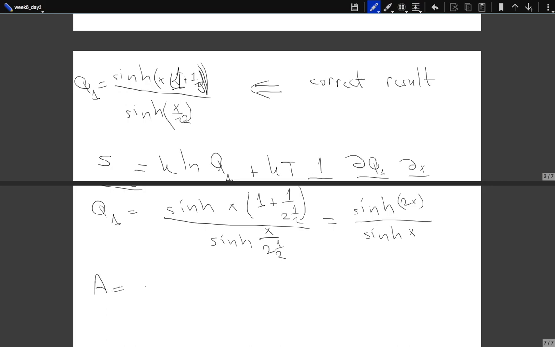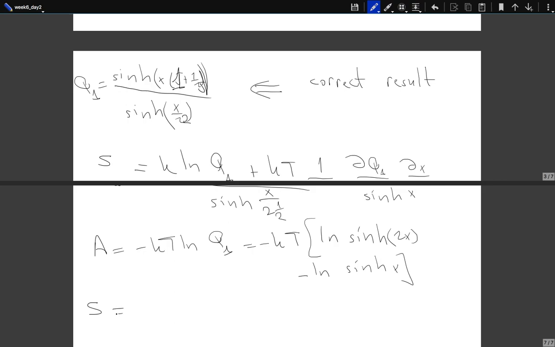A is minus kt logarithm of Q1, the logarithm of sine hyperbolic 2x minus the logarithm of sine hyperbolic x.